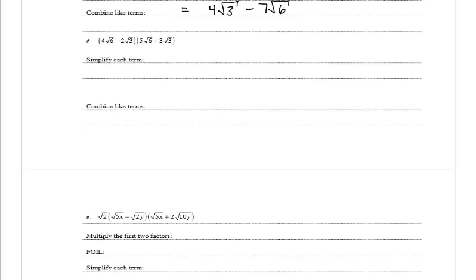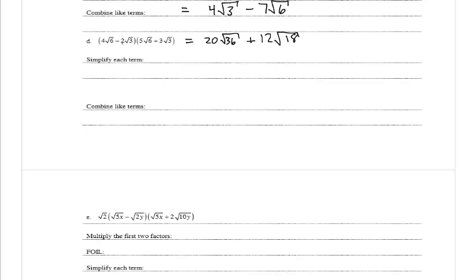In D, we have 4 times the square root of 6 minus 2 times the square root of 3 times 5 square root of 6 plus 3 square root of 3. And we're going to FOIL first. So we have 4 square root of 6 times 5 square root of 6 gives us 20 square root of 36 plus 4 square root of 6 times 3 square root of 3 is 12 square root of 18.